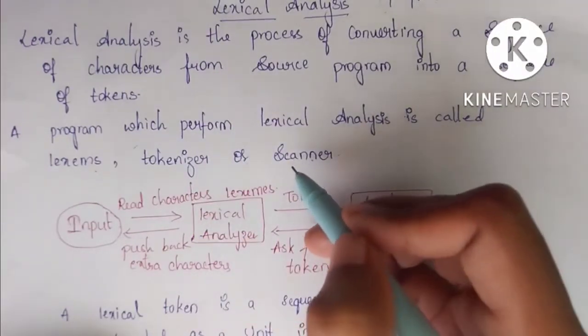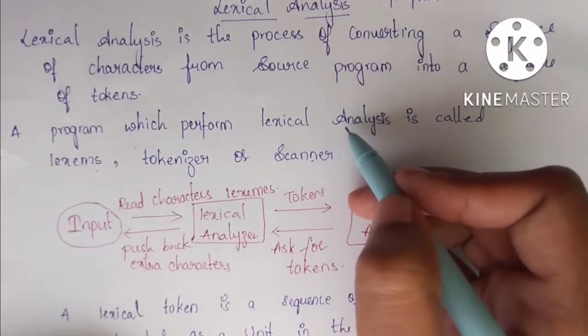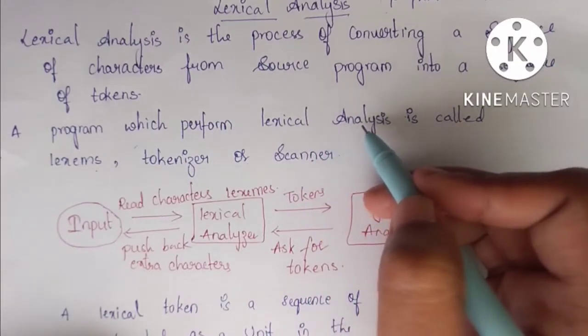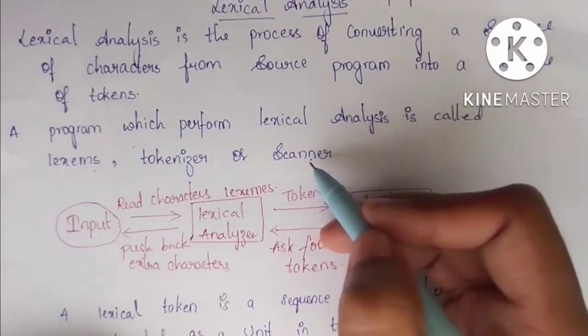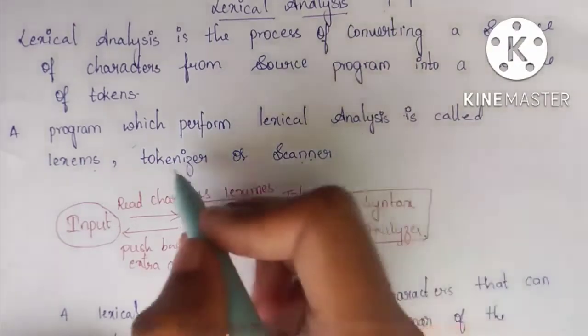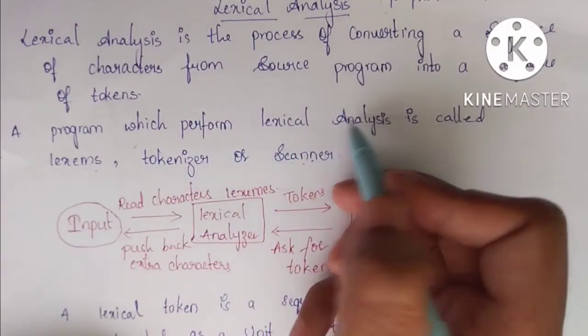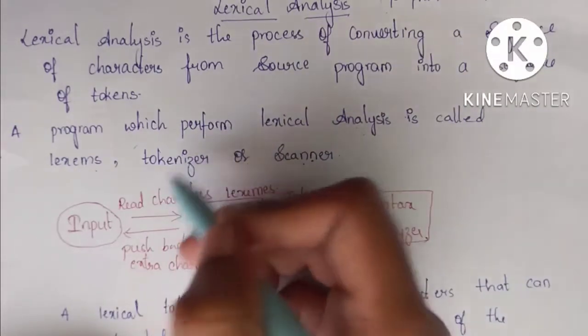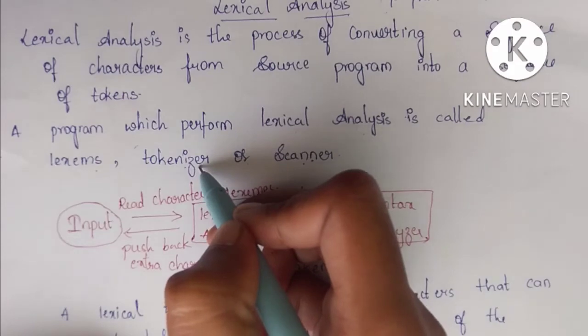Why do we call it a scanner? Because the lexical phase scans each and every character in the input string. That is the reason we call the lexical analysis phase a scanner. The conversion into tokens is called tokenization, so we can also call it a tokenizer.